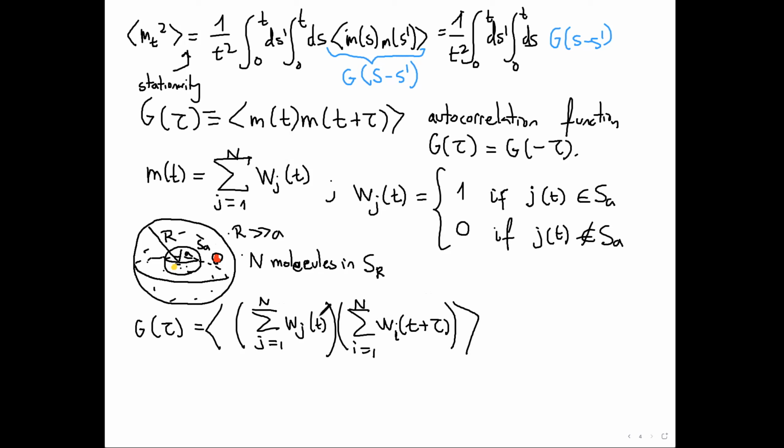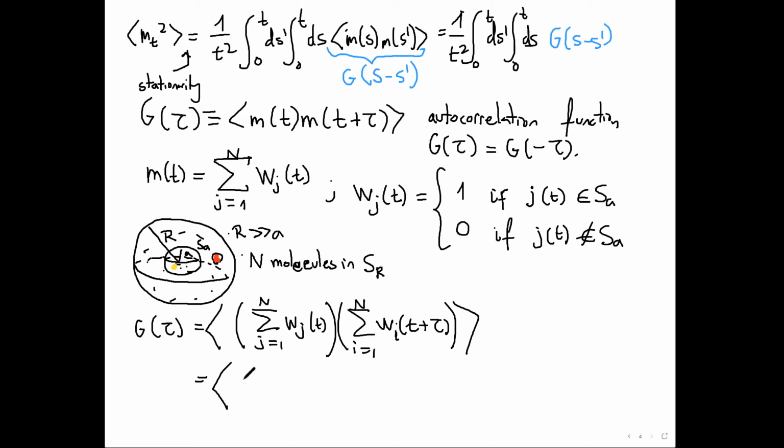So you have to be careful and separate these sums. If you continue, you see that there is one term that is mixing cross terms. So the molecule 1 with all the rest of the world, the molecule 2 with all the rest of the world except itself, and so on.